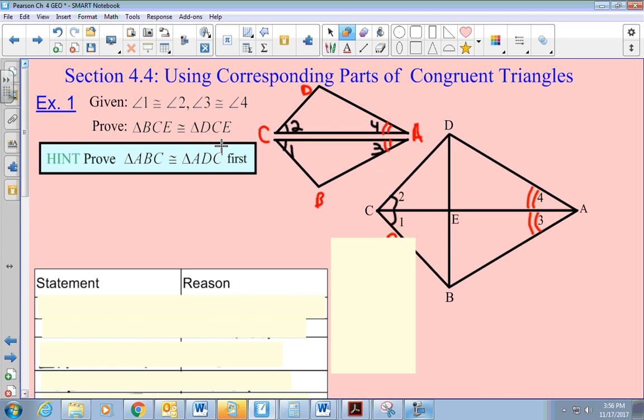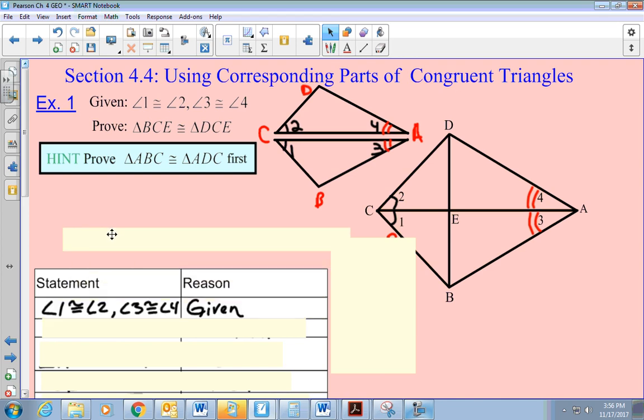Under most circumstances, every first statement starts with the given. So I'm going to take angle 1 congruent to angle 2, and angle 3 congruent to angle 4, and put that in our first statement. And the reason I can say that is because that is given to us.